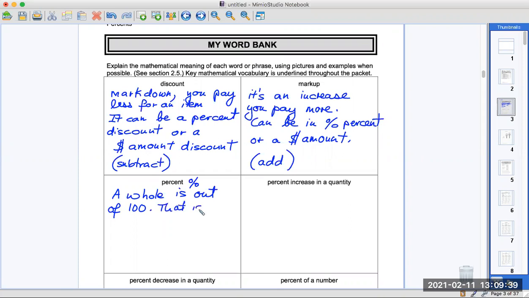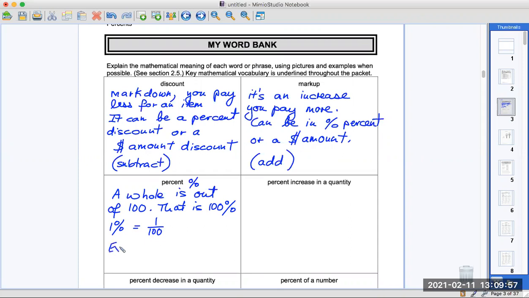The whole is 100%. For example, 1% is 1 out of the 100, 1 part out of 100 parts.